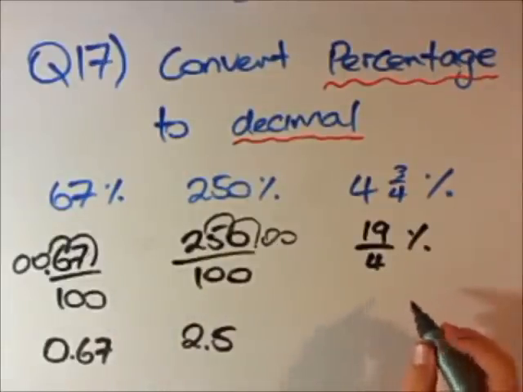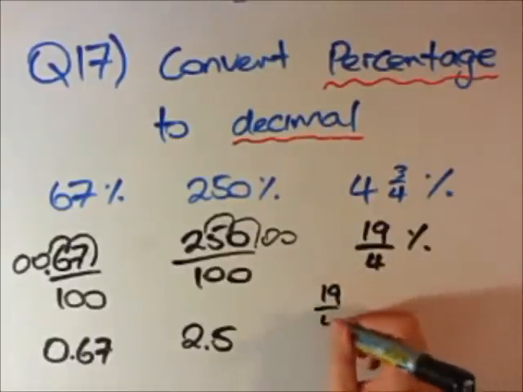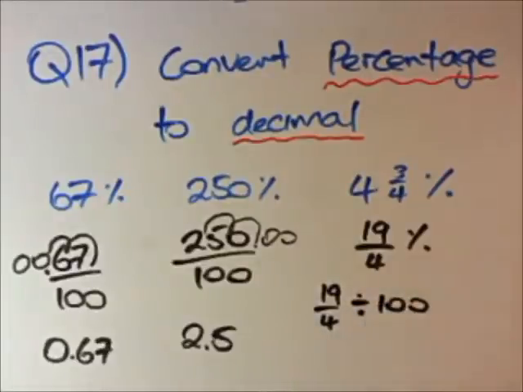We have to divide it by 100, so we can go 19 over 4 divided by 100. At the moment this could be a little bit tricky. We don't want to use a calculator just yet. How can we maybe make this a little bit easier using techniques in earlier questions?